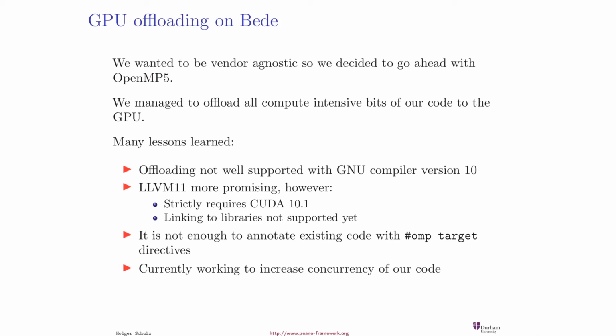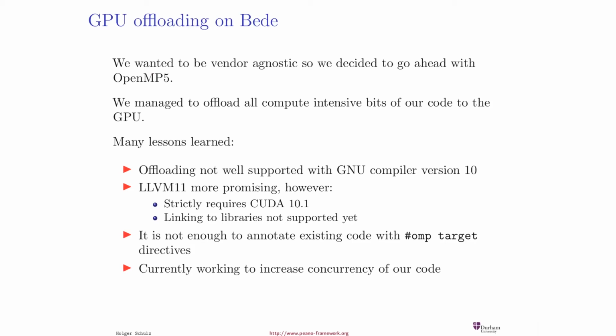So we went with OpenMP, which on paper allows us to be vendor agnostic, and everything should run on all sorts of different GPUs. The good news in this context is that we were able to offload all the compute intensive bits of our code to the GPU, the Nvidia chips on Bede. But it comes with a bit of a caveat.